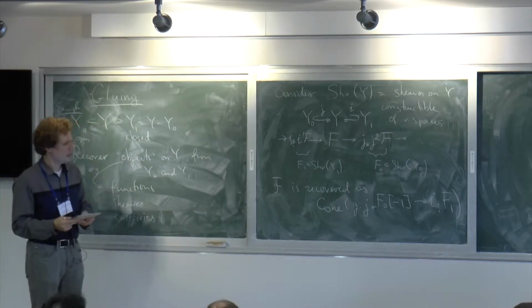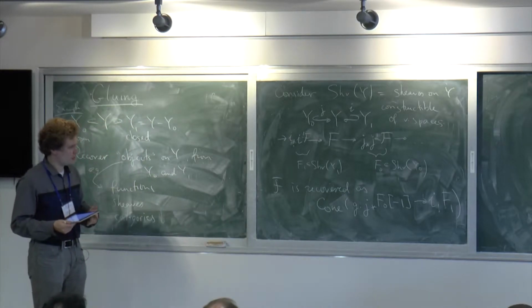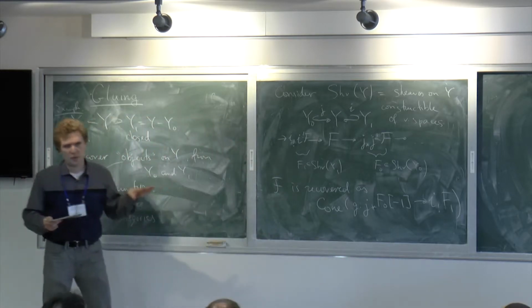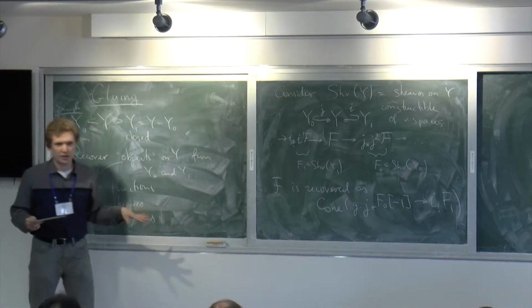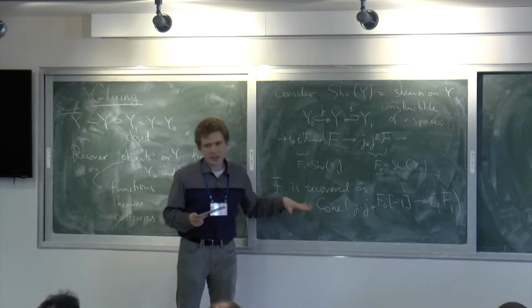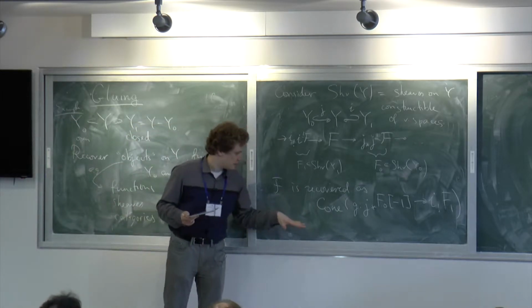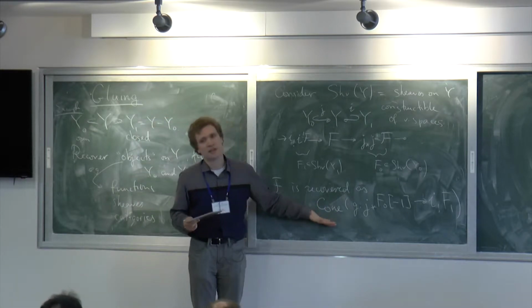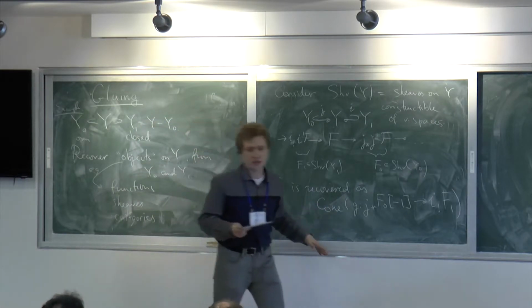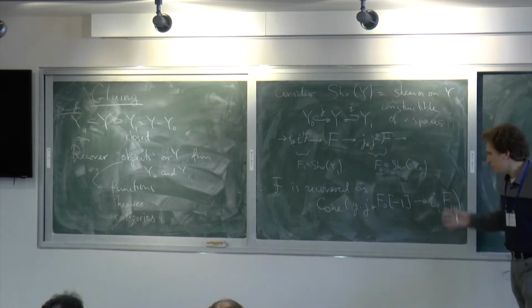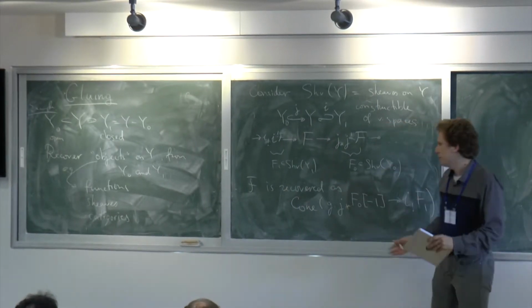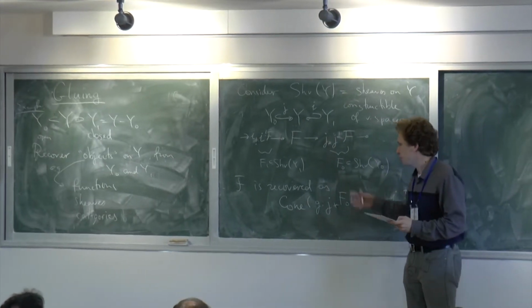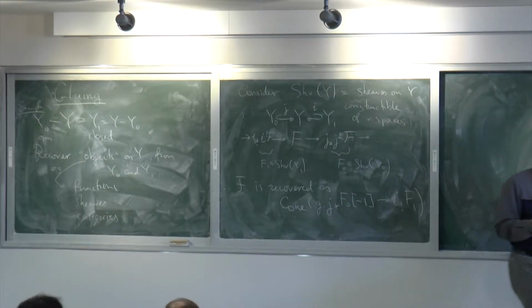And up to this point, it didn't really matter whether I lived in the triangulated world or in the DG world. Here, I really want to move to the DG world, because in the DG world, this thing is actually functorial. So this really does recover F, not just up to a non-canonical isomorphism, but actually naturally.